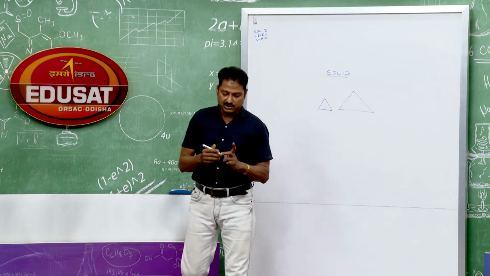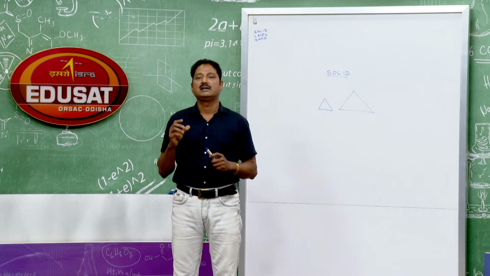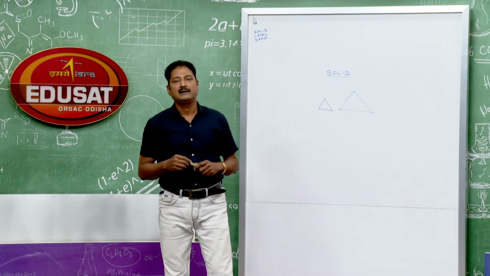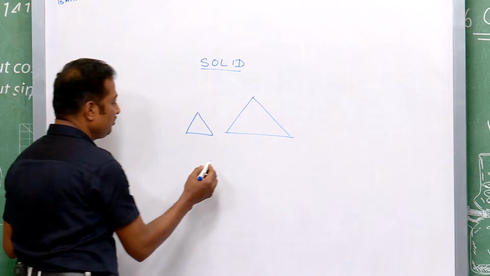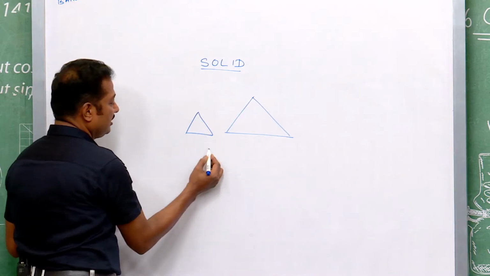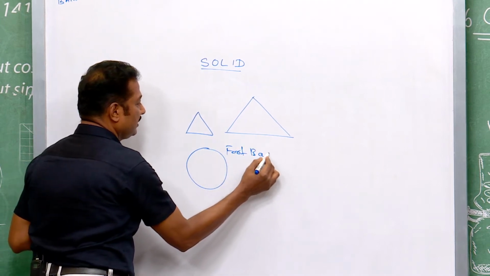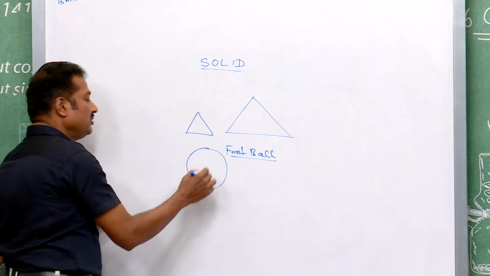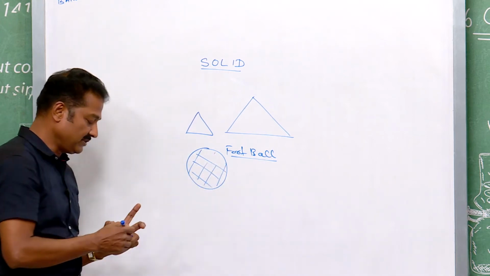In case of solid we come across the characteristics that a solid has a definite shape and its volume is also definite. Suppose you have a football, then its volume always remains the same. So, the volume is definite.